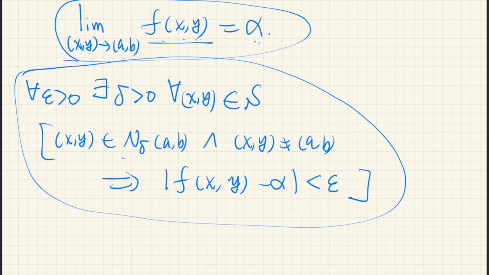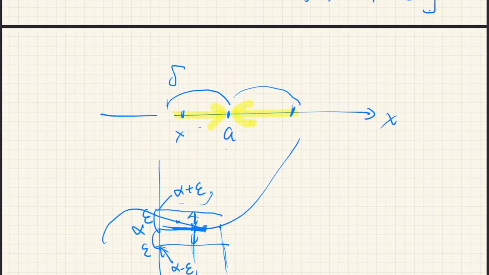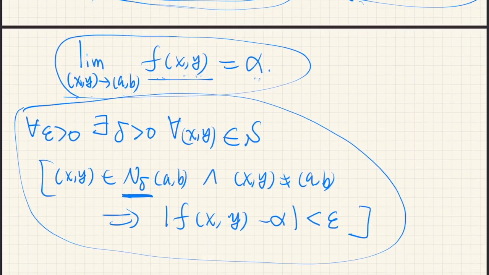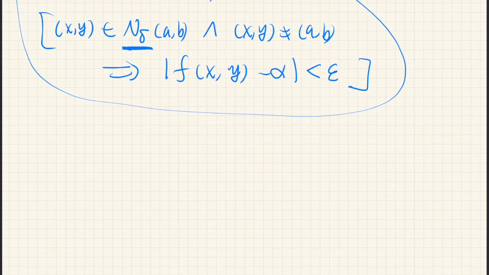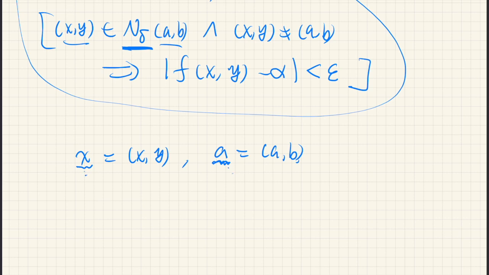But this definition can be easily extended to any dimensions. Because we can always define delta neighbor in any dimensional spaces. Actually, this definition of limit is almost identical to the case of univariate function, if we adopt the vector notation. So instead of writing (x, y) and (a, b), just write vector x, and let's say vector a as (a, b). So these are just two-dimensional points.